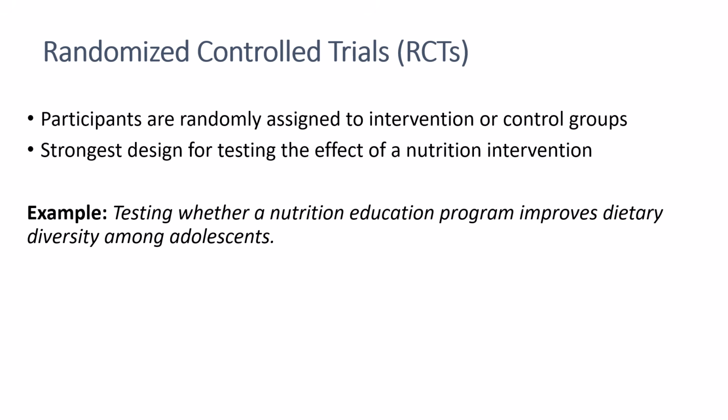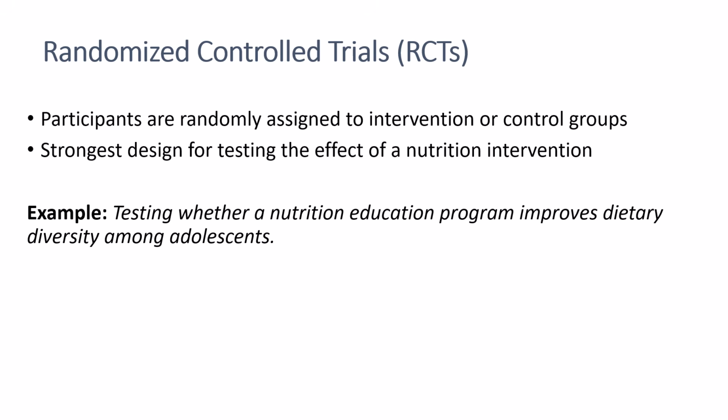They are not biased. It's not a design that is biased. Everyone has the right or chance to be selected to either group, either the intervention group or the control group, and it is called the gold standard study design.